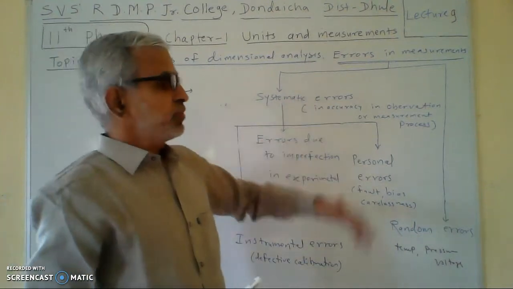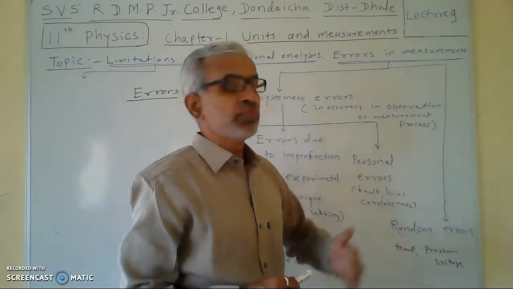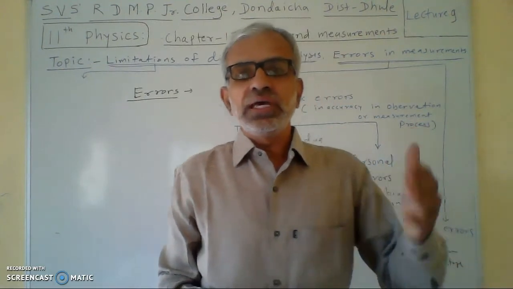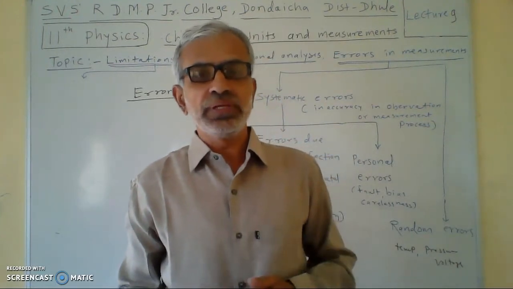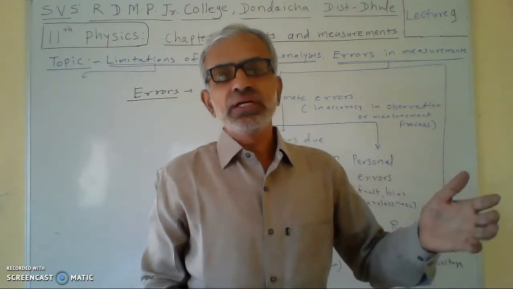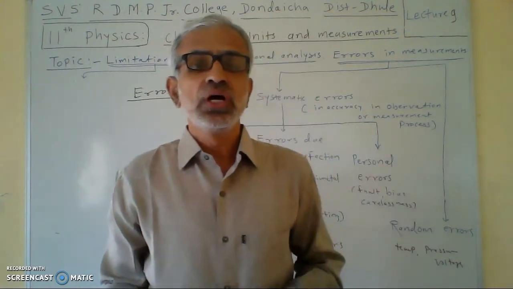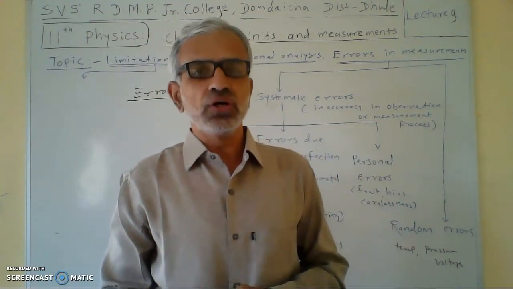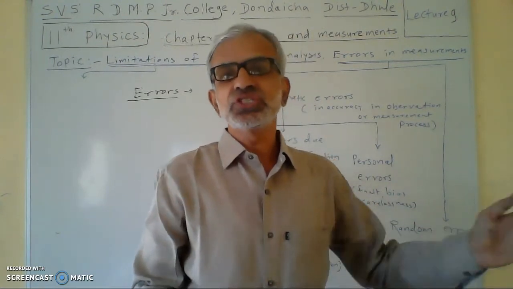If there is inaccuracy in the observation or in the measurement process, or if a faulty instrument is used for the measurement, or the person does not know how to take the reading and does not know the procedure, or if the setting of the instrument in the experiment is wrong, then the error which is caused is a systematic error.